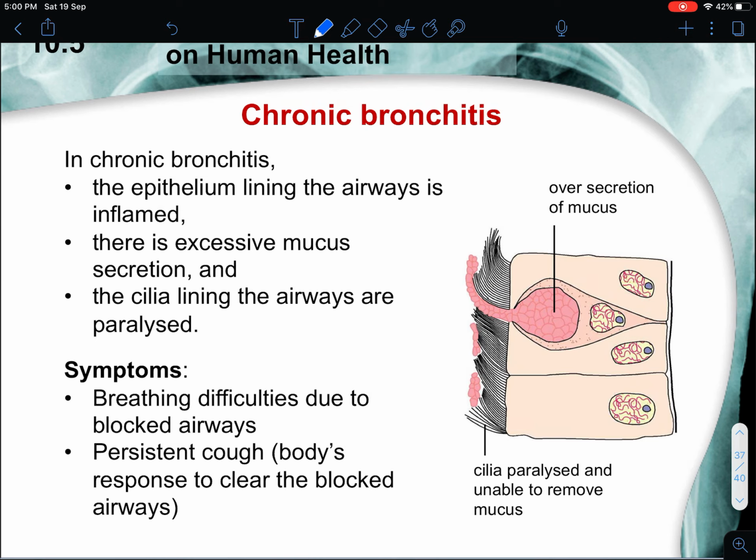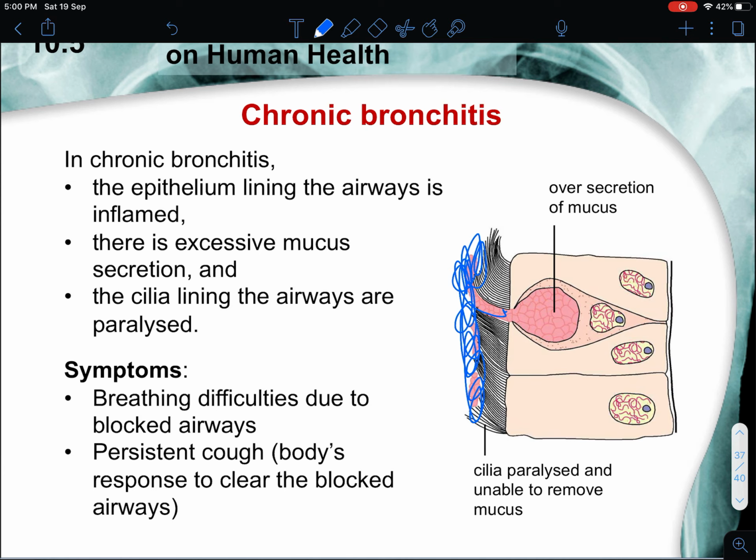So what is chronic bronchitis? In chronic bronchitis, the epithelial lining in the air walls is inflamed, meaning it tends to be swollen. There is excessive secretion of mucus, as well as the ciliary lining tends to be paralyzed. So imagine if you have a lot of this mucus surrounding this region. This will continue to trap all the bacteria and all the particles there, resulting in even more inflammation.